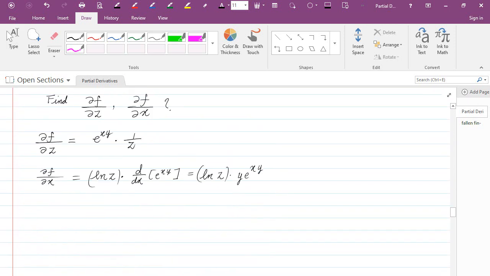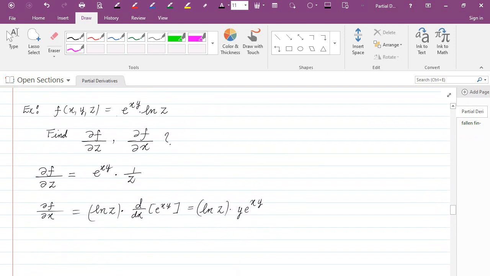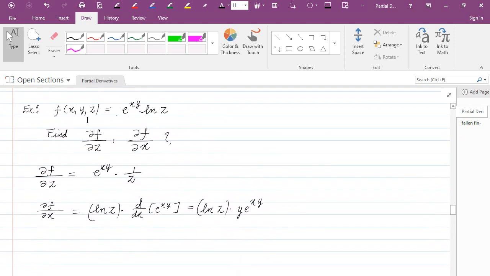Let's say that I have the function f of x, y, z equal to e to the xy times ln of z. So this is a function of three variables, and I want to find the partial derivative of f with respect to z and x. Now, when we take the partial derivative of f with respect to z, we will assume that x and y are fixed constants.